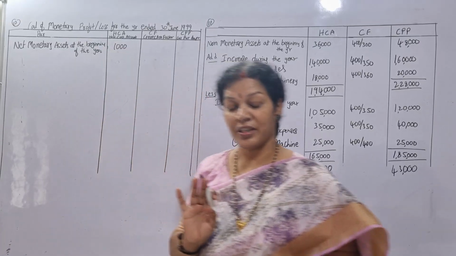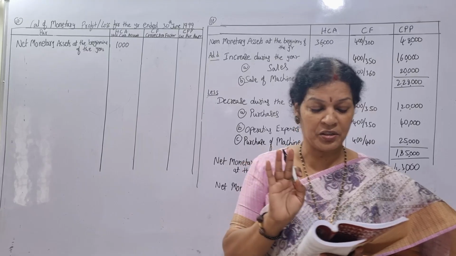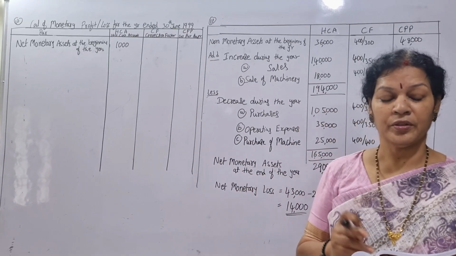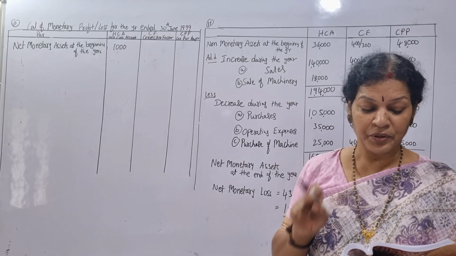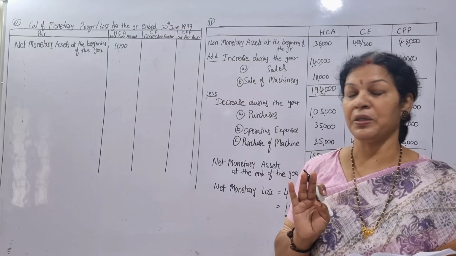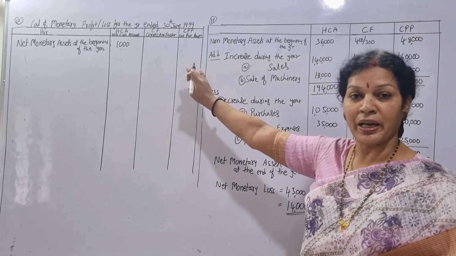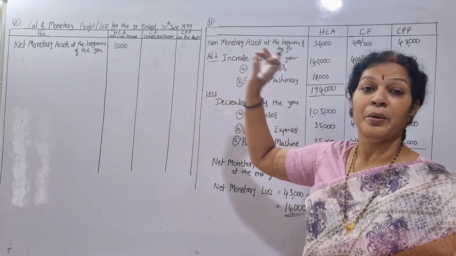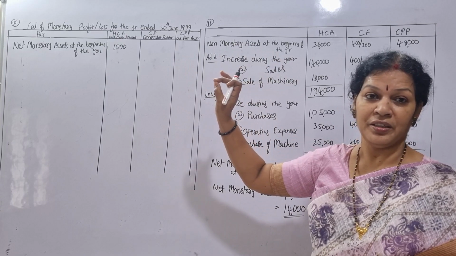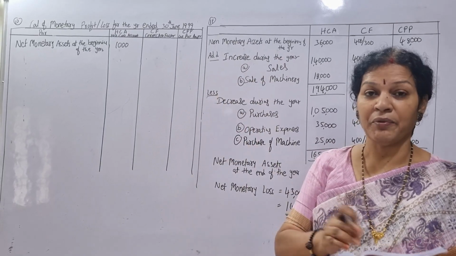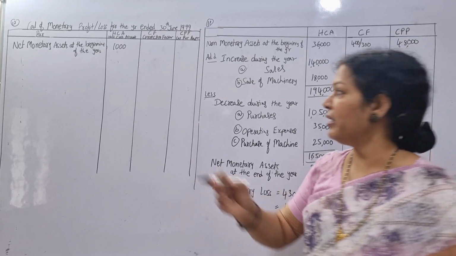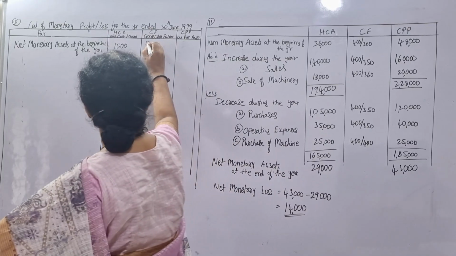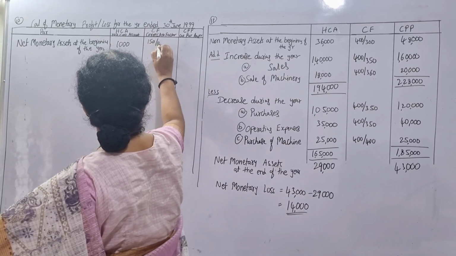For this, what is the correction factor? Index is given: beginning of the year 100, end of the year 150, average index is 125. When we want to calculate the correction factor for the beginning of the year net monetary assets, we take 150 by 100. Always end of the year 150 by 100.